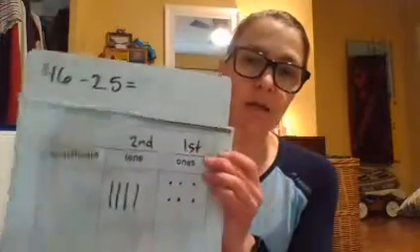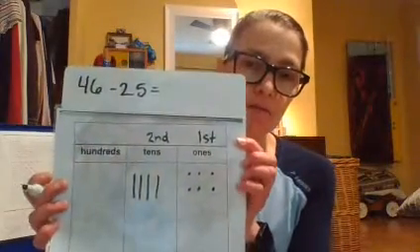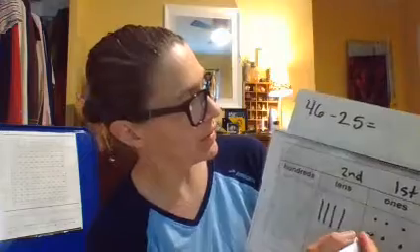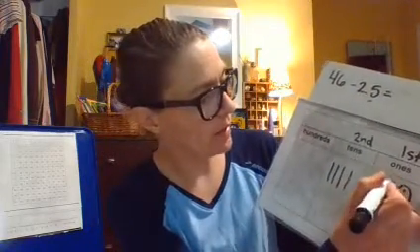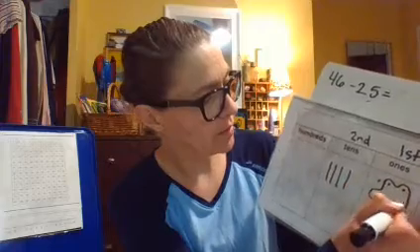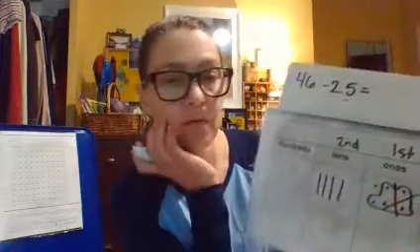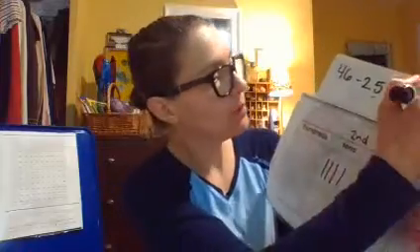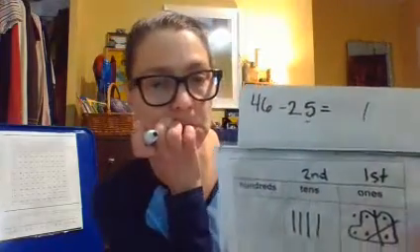And I'm going to go ahead and take away 25. So because I do the ones place value first, I see that I have 6 and I'm taking away 5. So I can go ahead and cross off 5. And I'm left with 1.